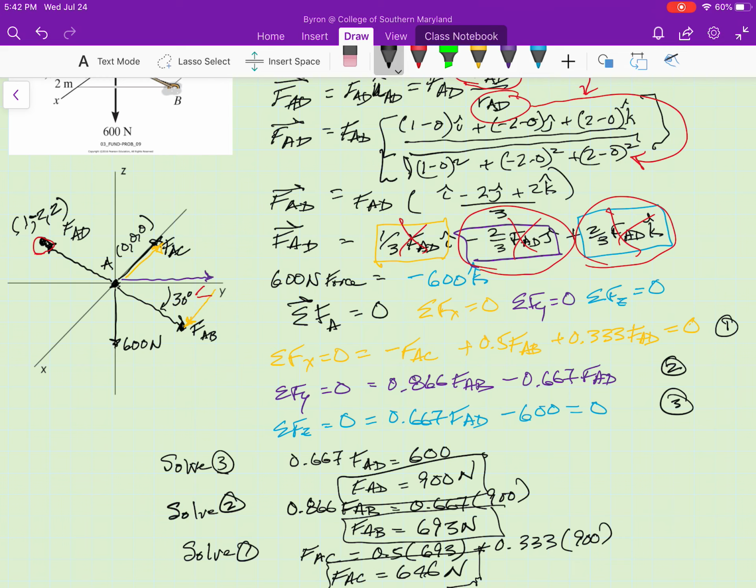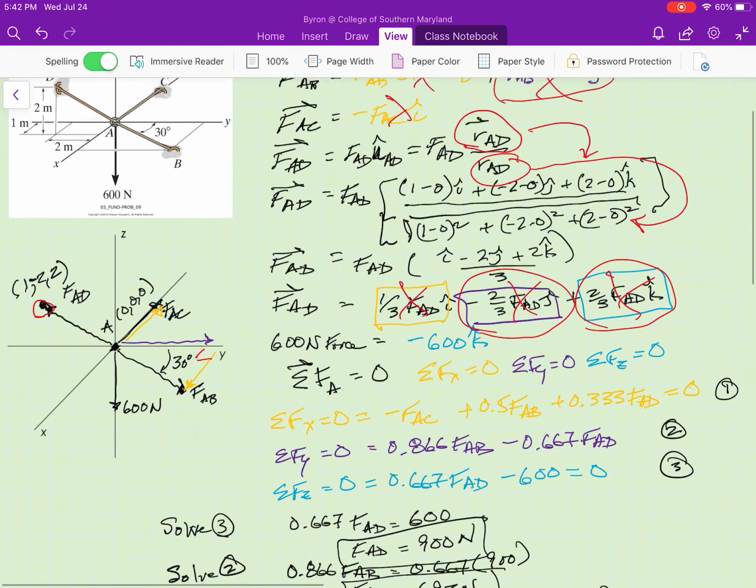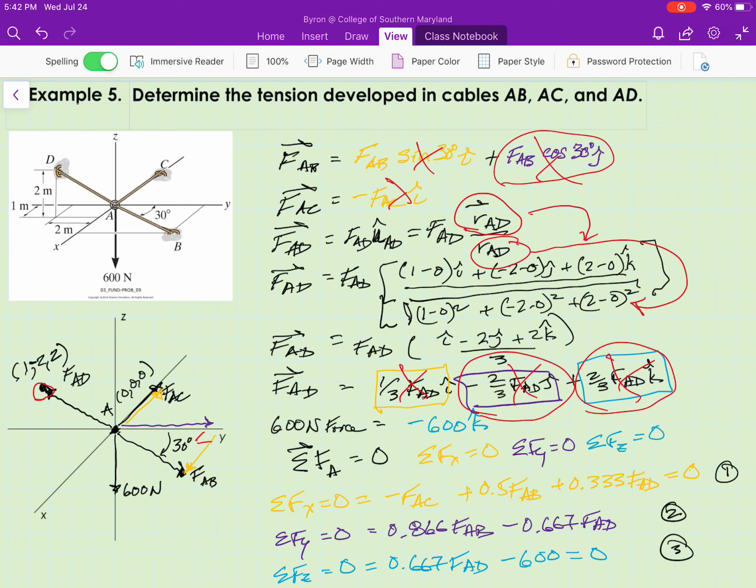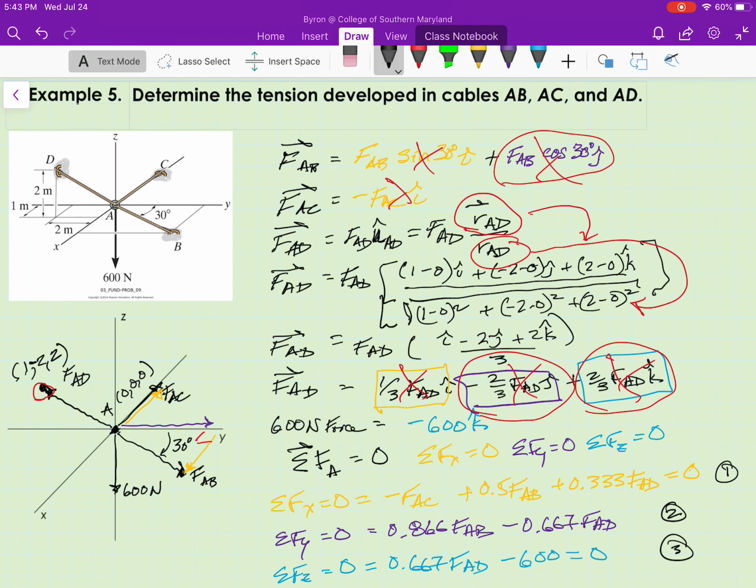So let's just review the steps quickly here. This is a pretty typical 3D particle equilibrium problem. Step one was to draw a free body diagram of the particle at A. So here's step one.